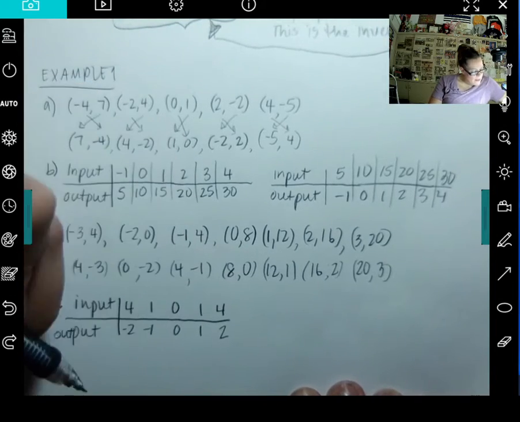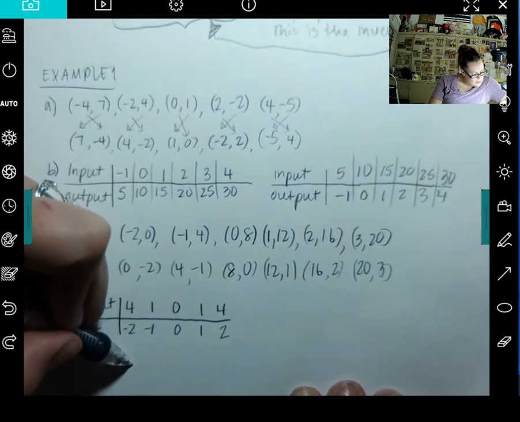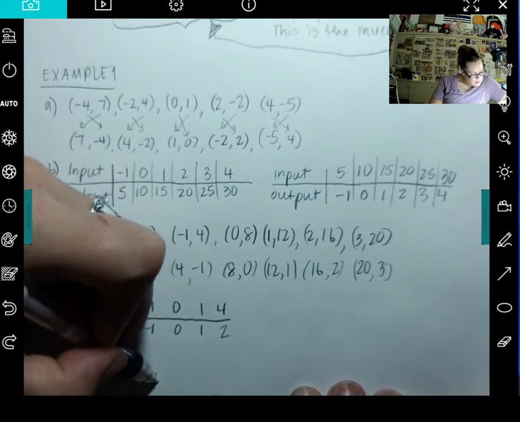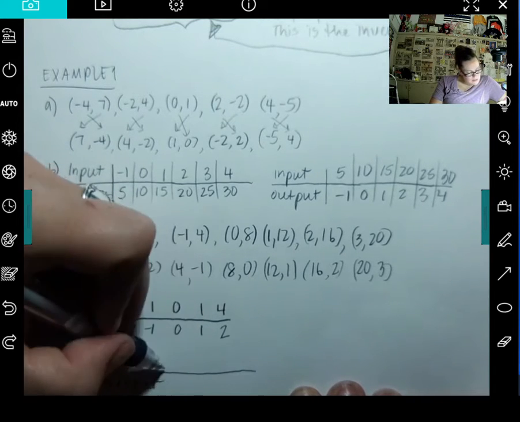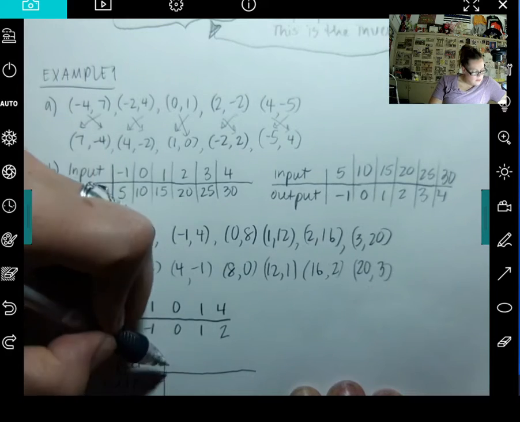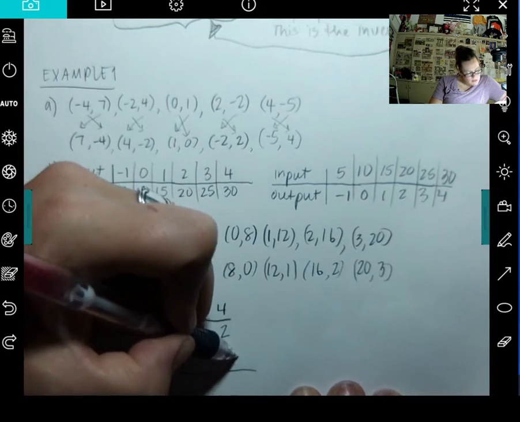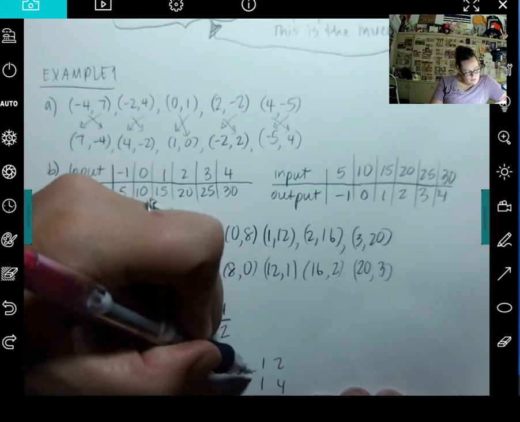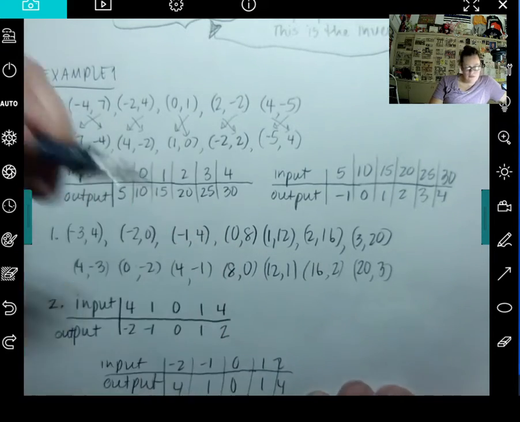So the new input would be negative 2, negative 1, 0, 1, 2, and the output would be 4, 1, 0, 1, 4. Not too difficult.